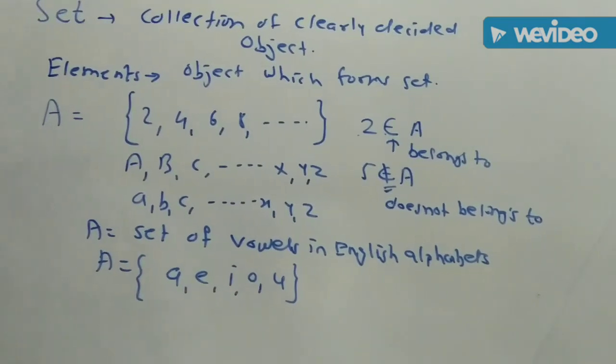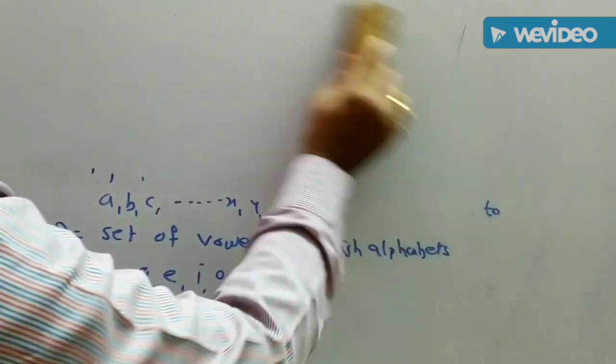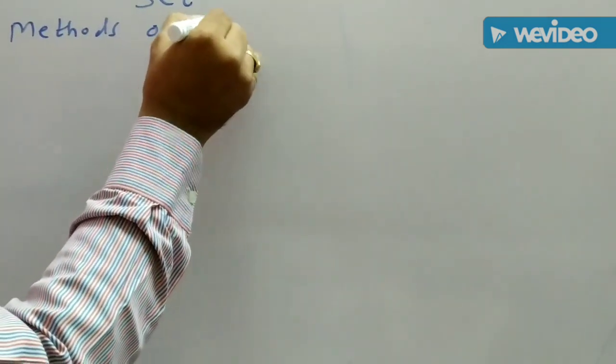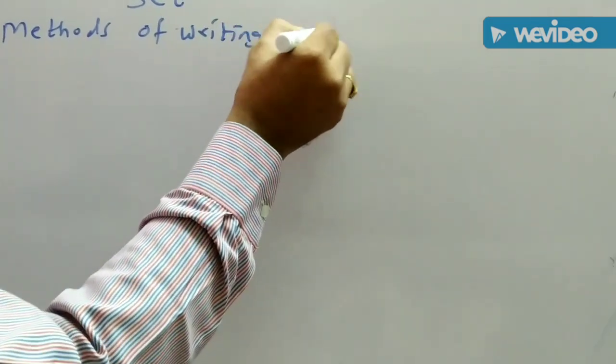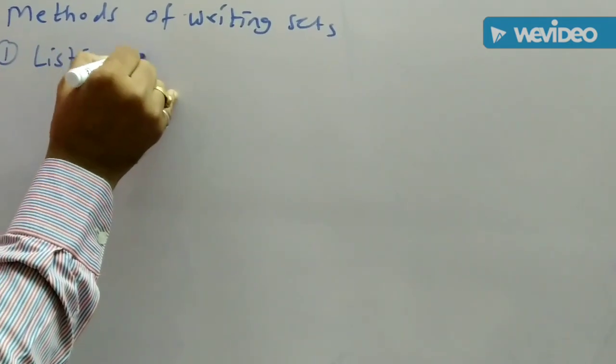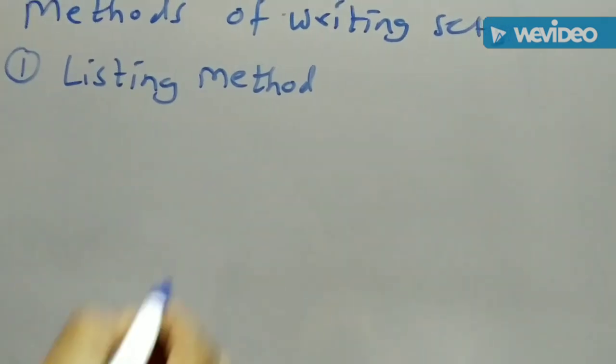Then the next topic is methods of writing sets. How do we write sets? The first method is the listing method, or roster method.